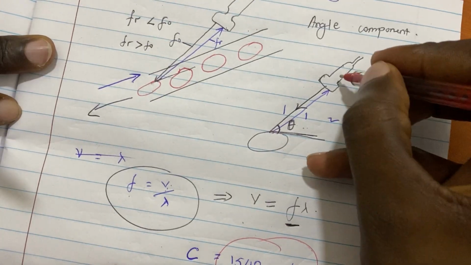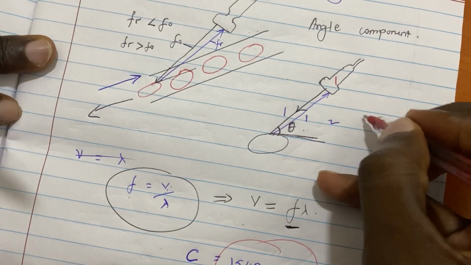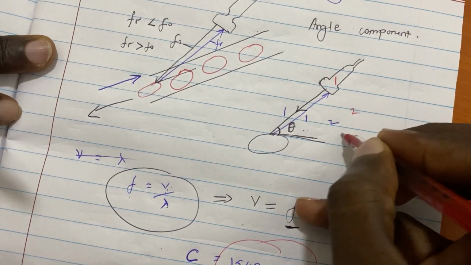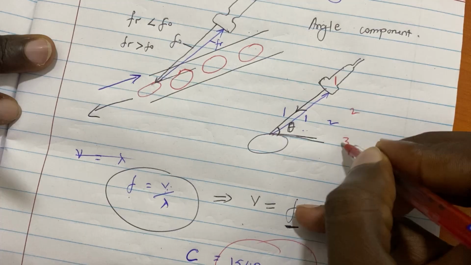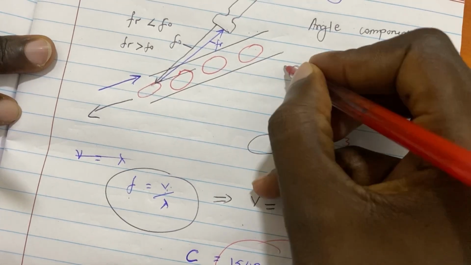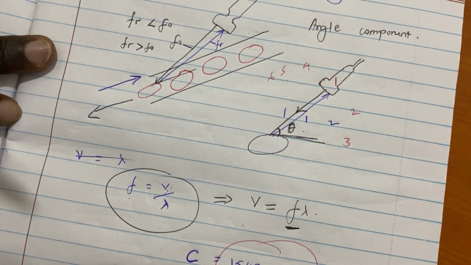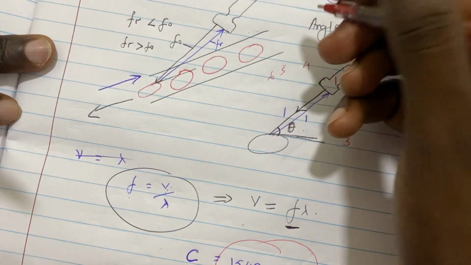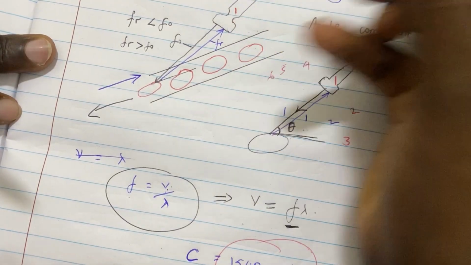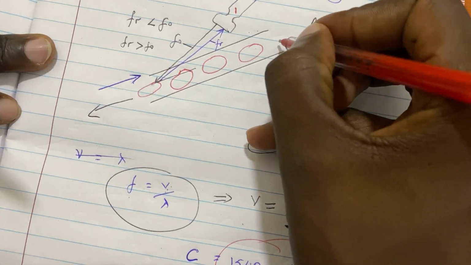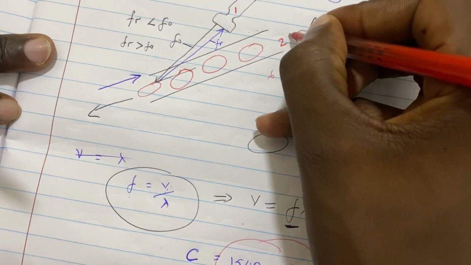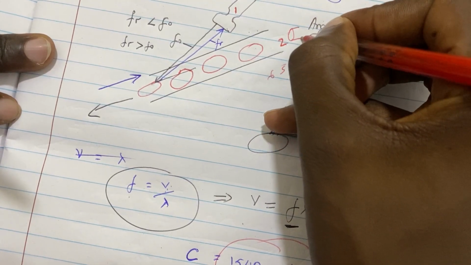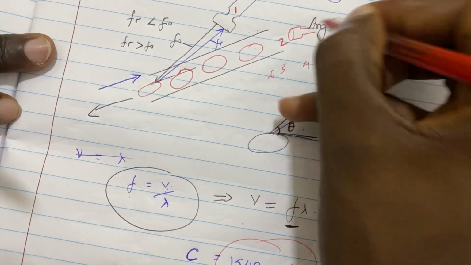You can put a probe, you can listen from any position. You can listen from position 1, position 2, position 3, position 4, 5 and 6. For example, this was your position 1. You can decide to put it at position 2 so that it is like that.